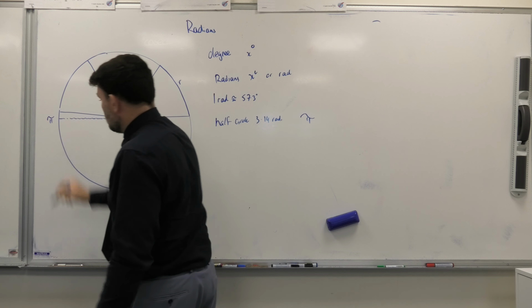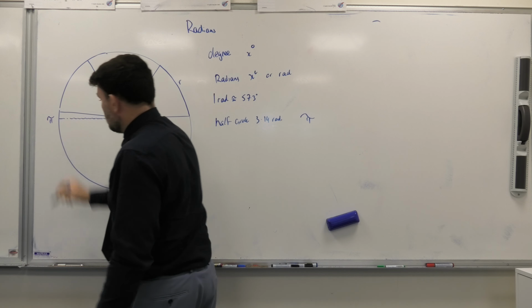We know that pi is equal to 180 degrees. So what we can do in this instance is look at some numbers and start seeing the relationship between these points. So let's do radians and degrees. Let's start off with something that we already know.